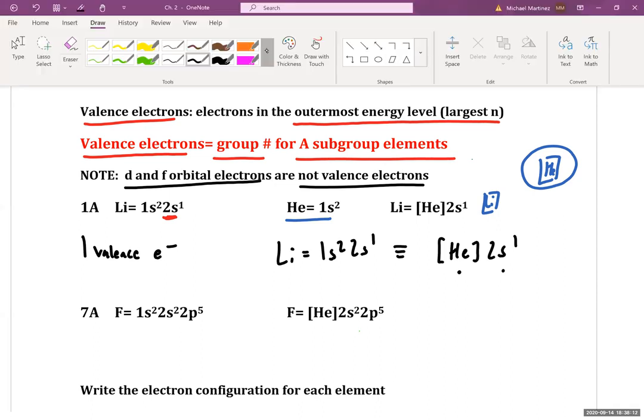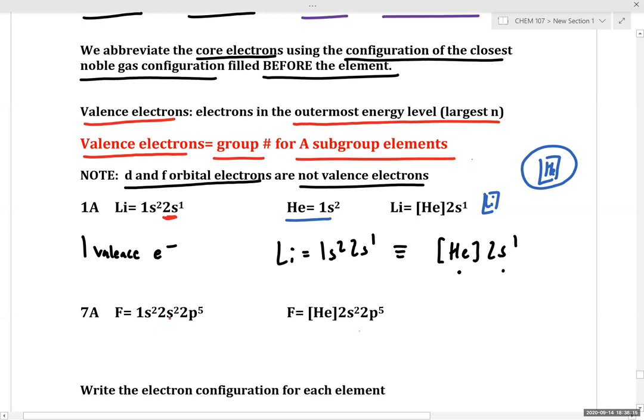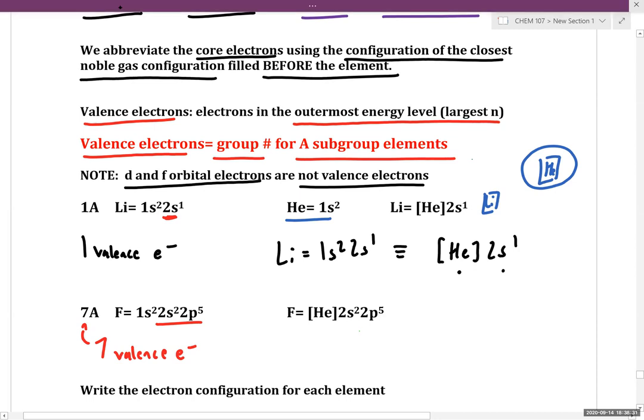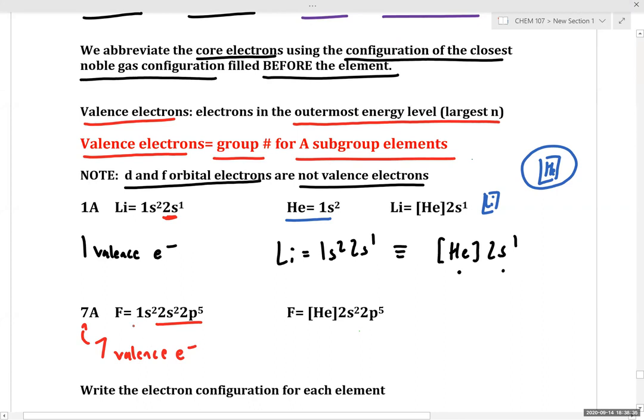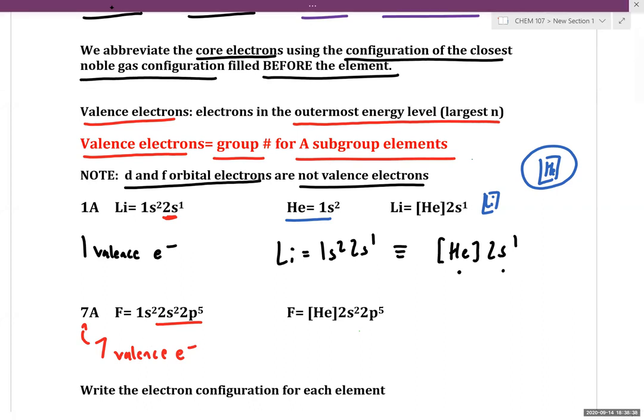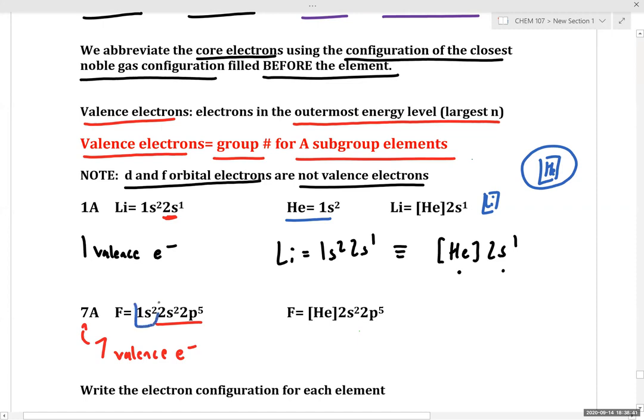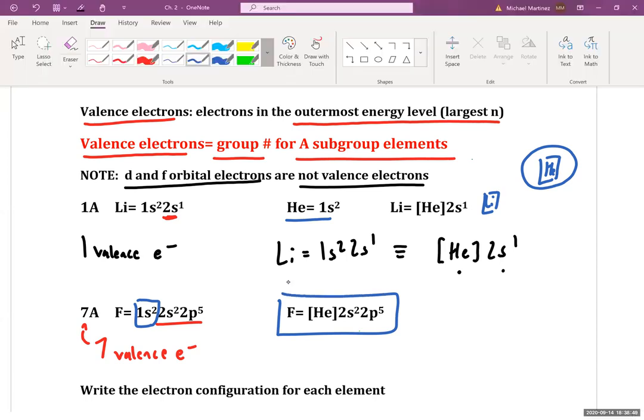For example, for fluorine, the electrons in the orbitals with the largest n value are the electrons in our 2s and 2p orbitals. As we can see, we have 7 valence electrons, which matches our group number. We can abbreviate our core electrons using the configuration for helium, and that gives us the following abbreviated configuration for fluorine.